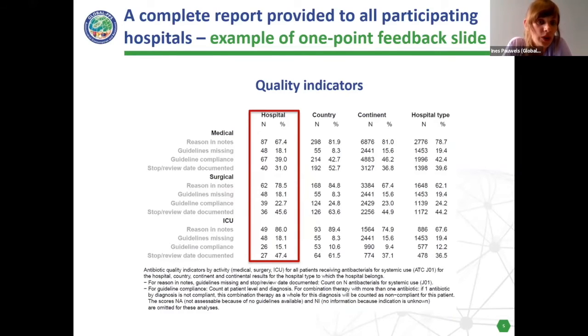So reasoning notes, that's the percentage of prescriptions with a documented reason in the patient notes. Guidelines missing is a percentage with a missing guideline. Guideline compliance, I think that is pretty straightforward. And then stop review date documented. This is the percentage of prescriptions with a documented stop or review date in the notes as well. And so then you have the benchmarking data again.